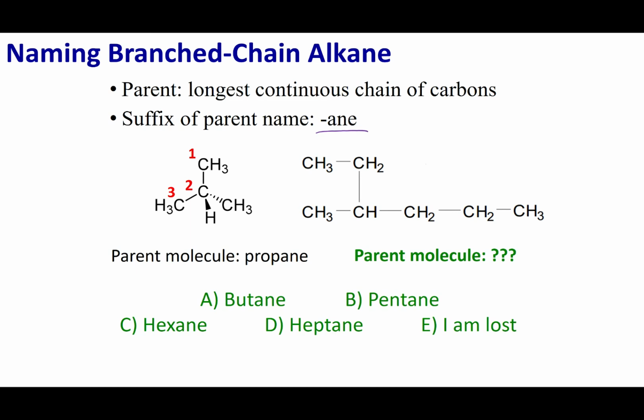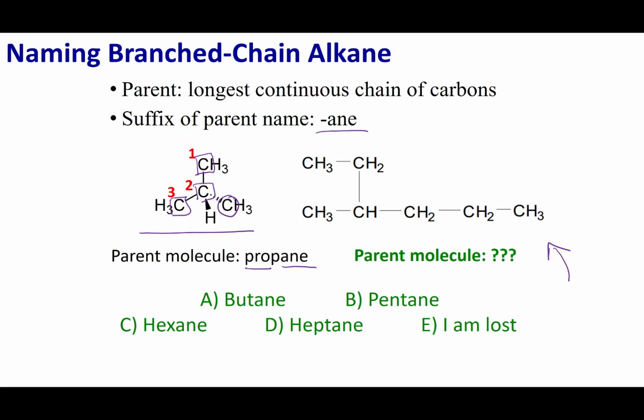For example, let's take a look at that branched alkane we were talking about. There are 3 carbons in a row, 1, 2, and 3, and this other carbon is not in that continuous chain, it is branching off. Since there are 3 carbons, "prop," and then "ane" to signify it's an alkane, so the parent molecule here is propane.